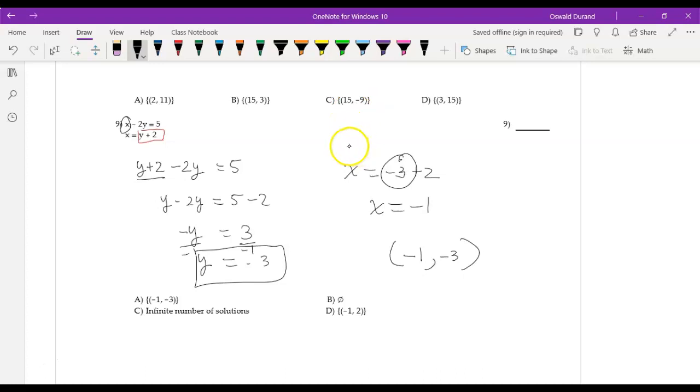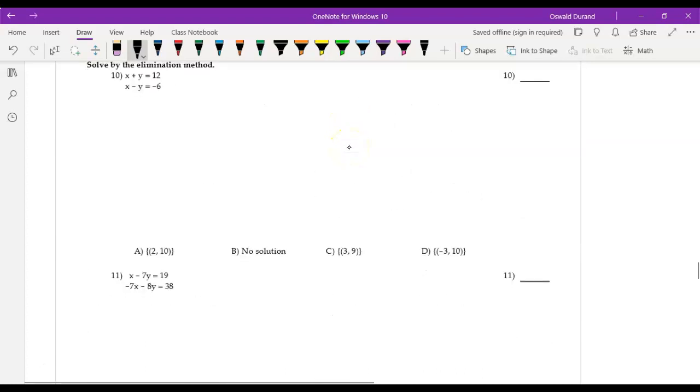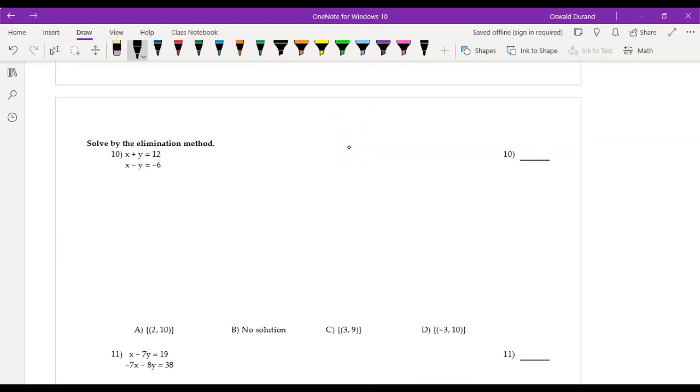All right. So now let's look at the elimination method, also called the addition method. Elimination or addition method, those are synonymous. Now, how does it work? Well, we're going to look at this simple problem here.